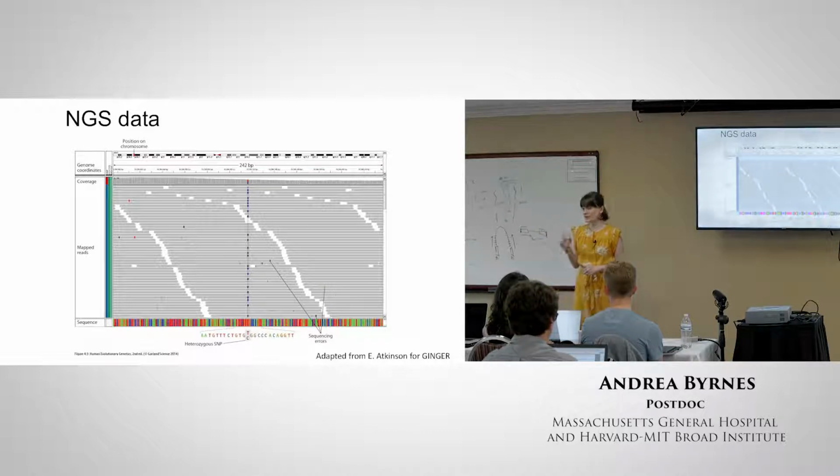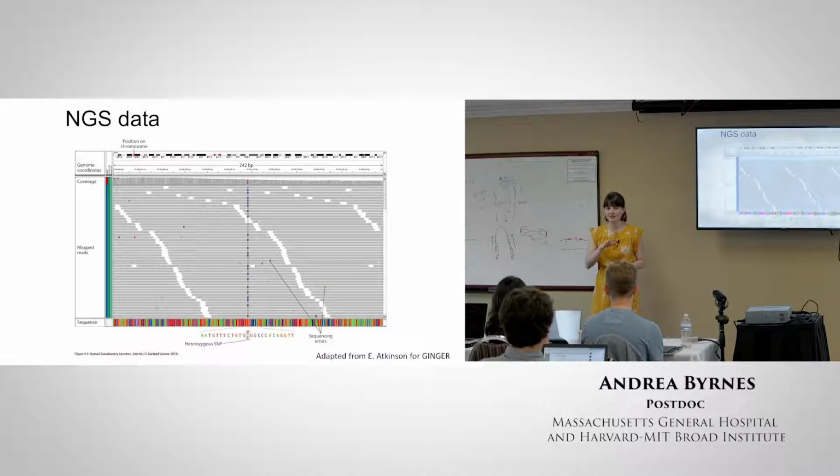There are single base errors that happen in this technology all the time that are less common in Sanger. So people will quote high error rates in next-gen sequencing and in long-read sequencing as well. I'll talk about how the error rate is higher, and specifically what they mean is the base calling error rate is higher in this technology.